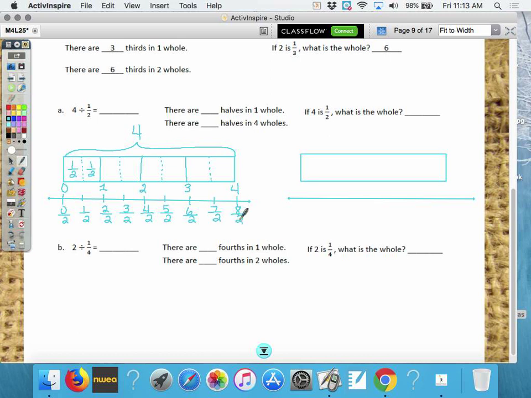Okay, now we're ready to fill in the spaces. So it says there are blank halves in one whole. So how many halves did I have? 2. And here's something really cool. These 2 are always going to match on that first one.